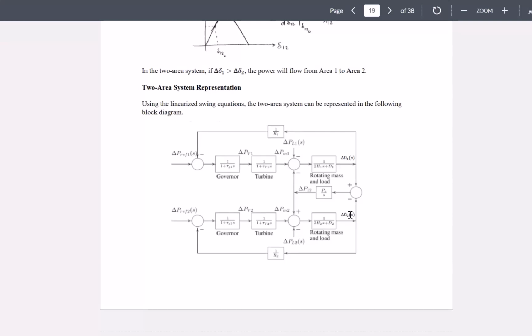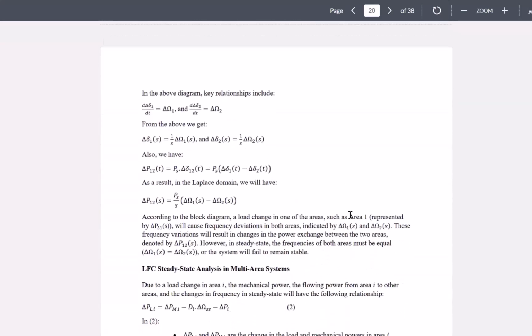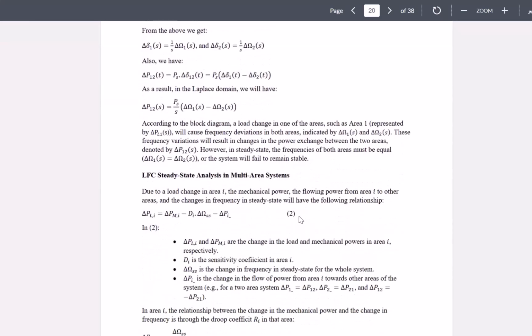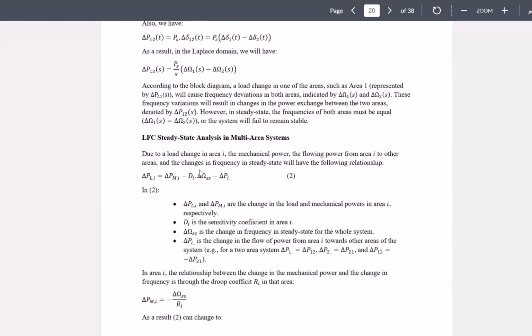So if the system is interconnected, there would be one change in omega for the whole system. There would be transitions in different areas, but those transitions in frequency will all go back to the same point, which means that for the whole interconnected area we would have one frequency in the end under steady state conditions. And that we call delta omega SS, delta omega under steady state conditions.